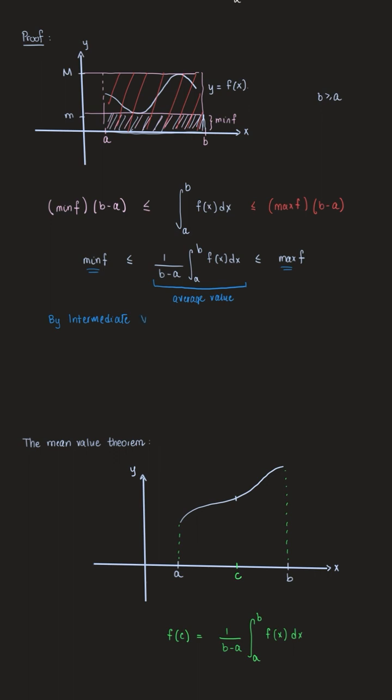So the intermediate value theorem will tell us then that since this average value is between the minimum value of the function and the maximum value of the function, and the function is continuous, then there must be some value c in our interval from a to b, such that our function, in fact, evaluated at that value equals the average value of the function.